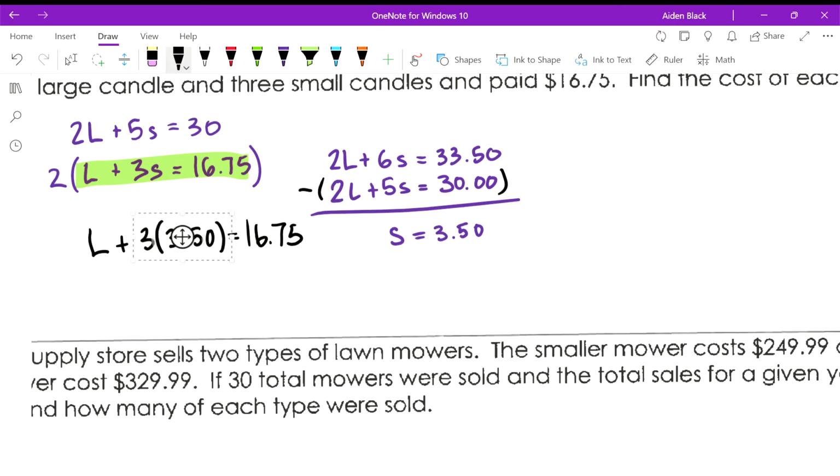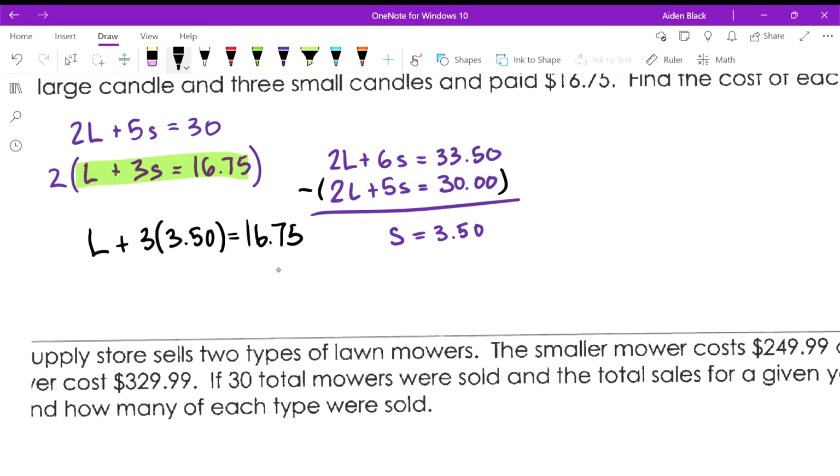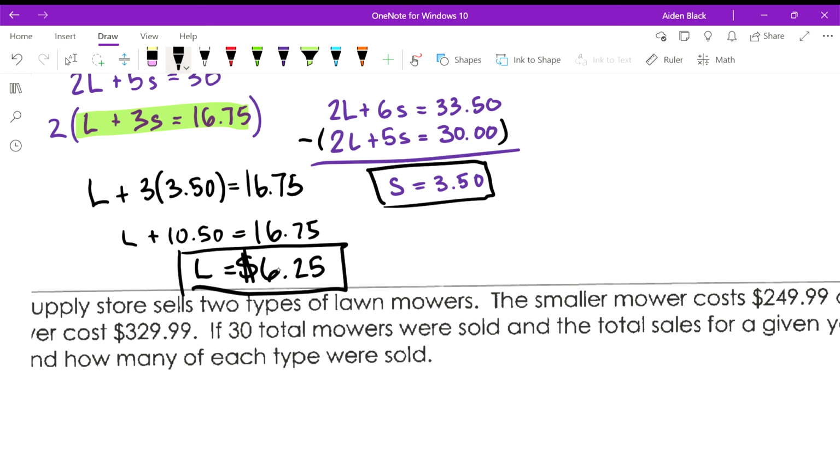Evaluate this, get $10.50. And then subtract $10.50 from both sides, and I get that 1 large candle costs $6.25. Should probably be putting units on this. Dollars. So I have the cost of a small candle, and I have the cost of a large candle.